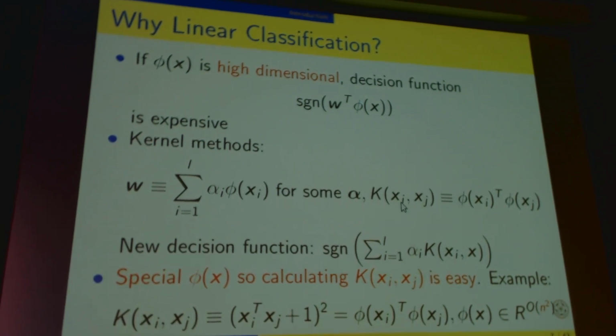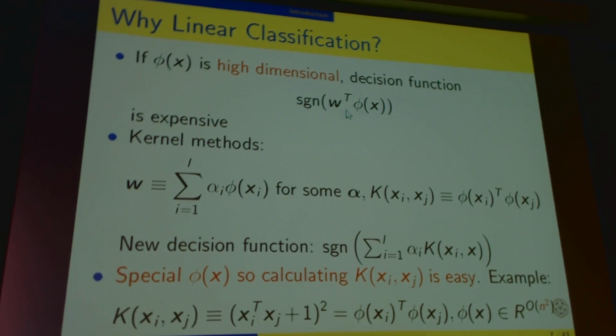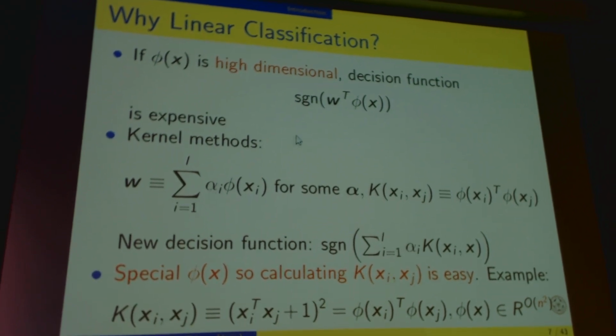If k of xi xj is the inner product between phi xi and phi xj, then in the original decision function, when we put this summation in, you get the summation of certain kernel evaluations.